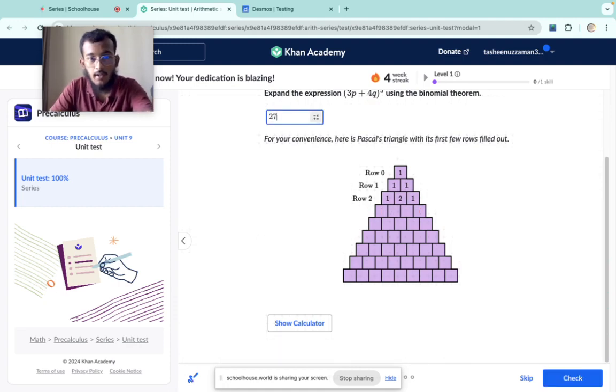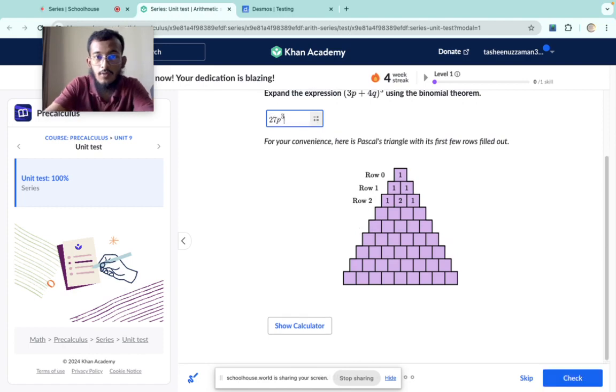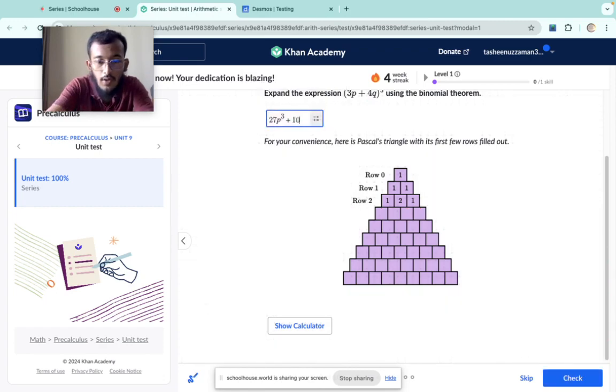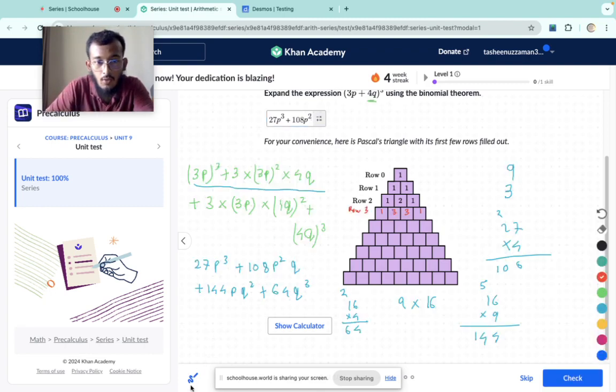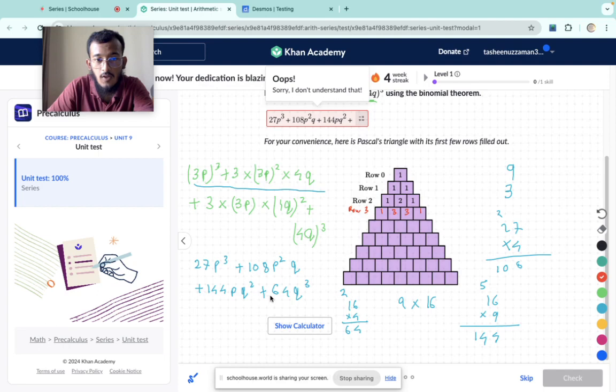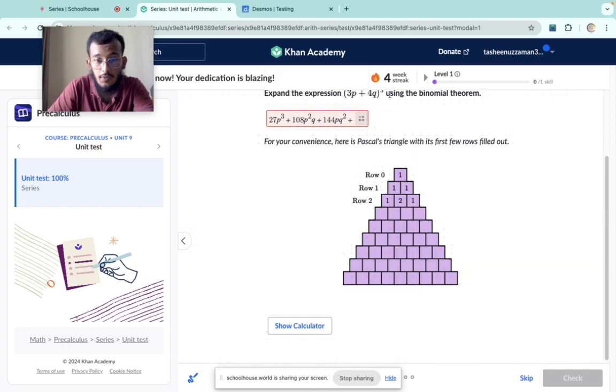Let me just plug that here: 27p cubed plus 108p squared q plus 144p q squared, plus we have the last term, which is 64q cubed.